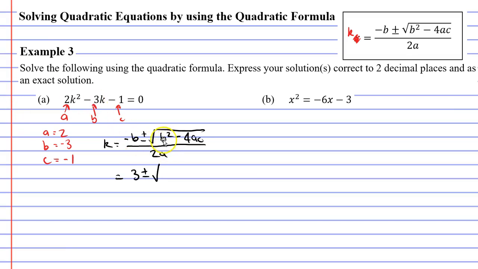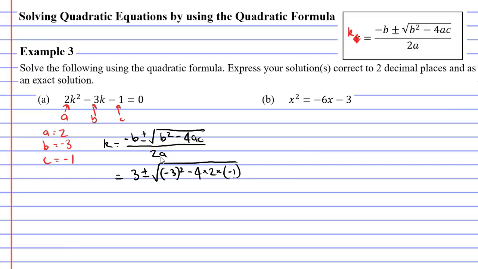I then have b squared. Now b is -3, so I'm going to substitute -3 in place of the b. It then tells me to subtract 4 and multiply that by a and then c. Now a is 2 and c is -1, so I'm going to multiply that by 2 and -1.